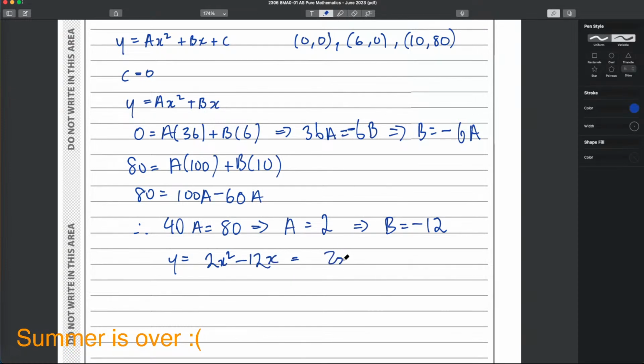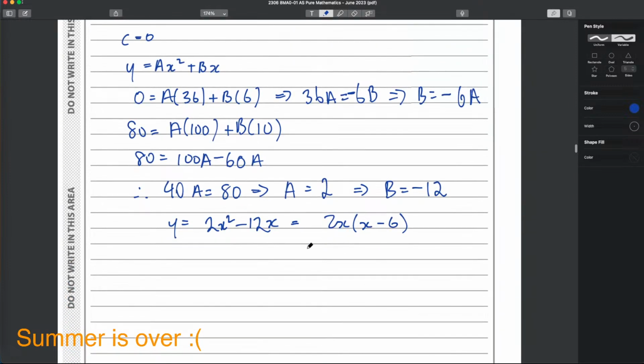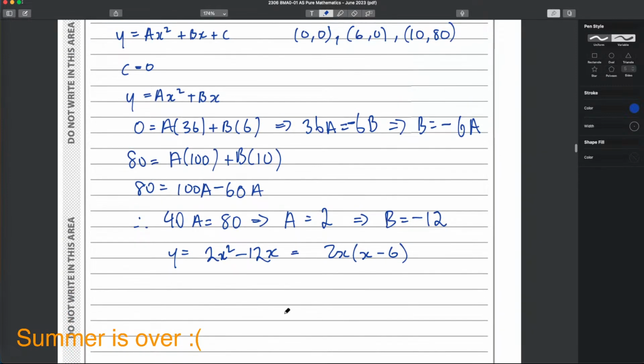2x times (x minus 6). So you notice when we say the roots are (0, 0) and (6, 0), we can get x times (x minus 6) as a possible quadratic. But this is also a possible quadratic, right? So just using the roots is not enough. You need to use another point to verify.